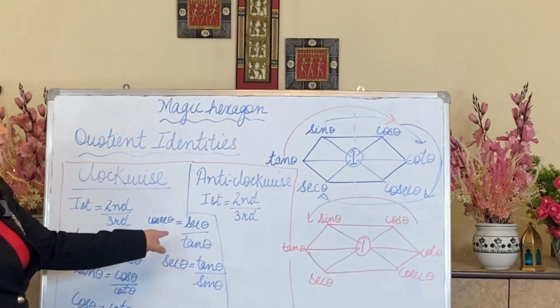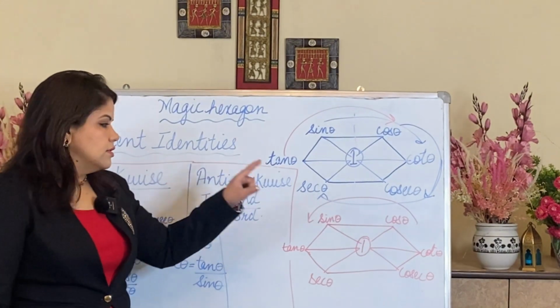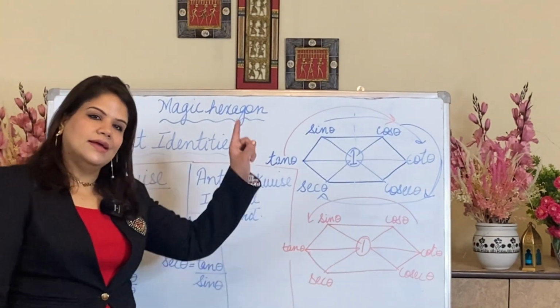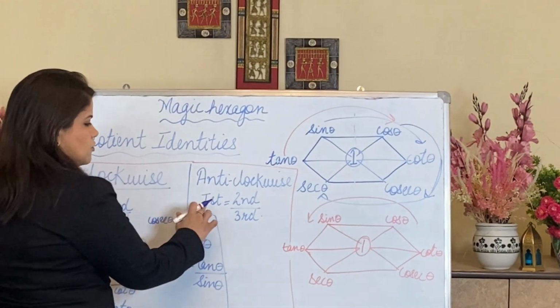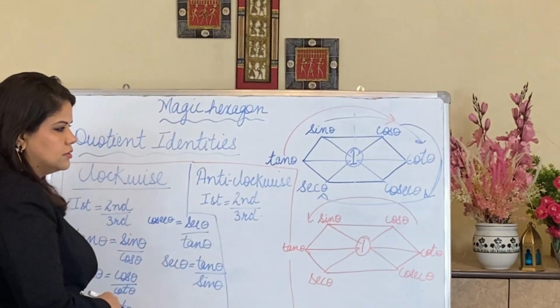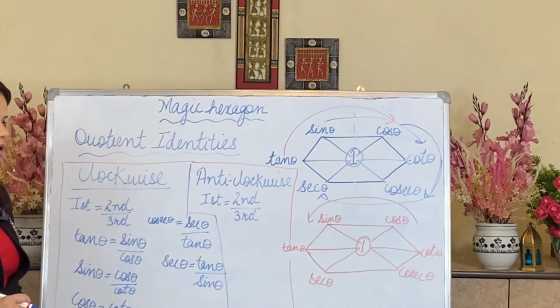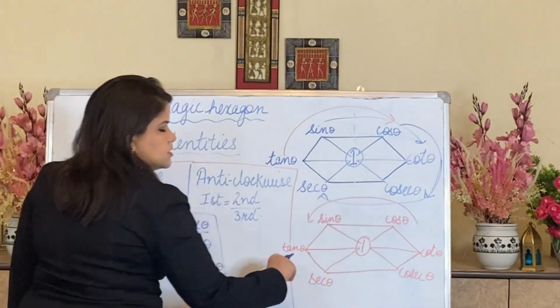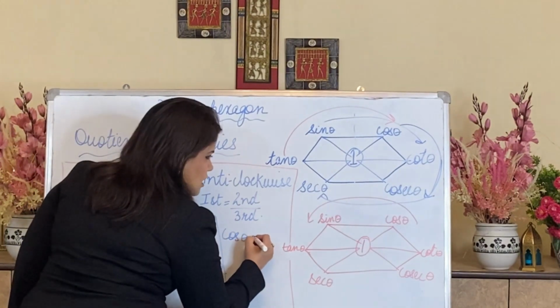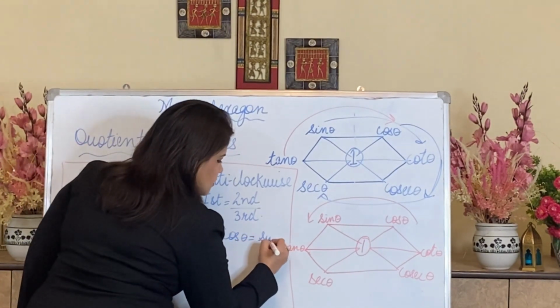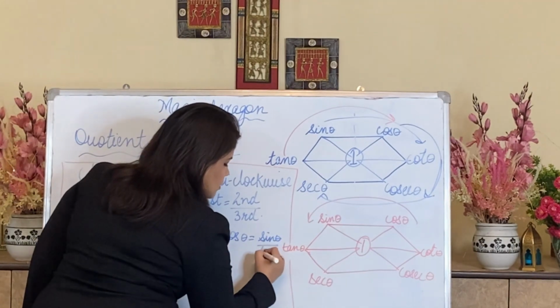Now I am using this on this figure in anti-clockwise direction. So what was my method? First is equal to second by third. So I am starting from cos and I am going towards this direction. So cos theta will be equal to sin theta upon tan theta.